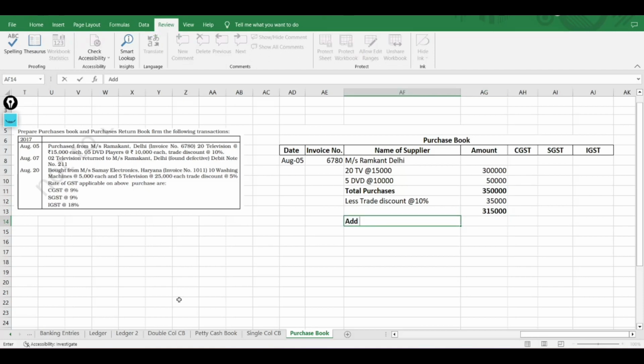So add GST here. CGST at 9% and SGST at 9%. So on this particular column, 3,15,000 into 9%.